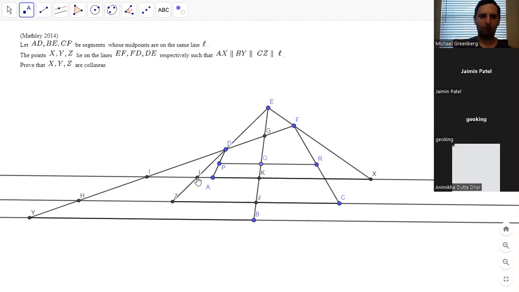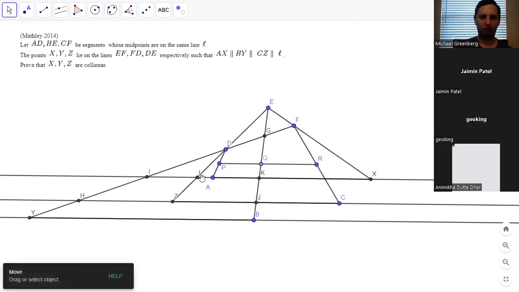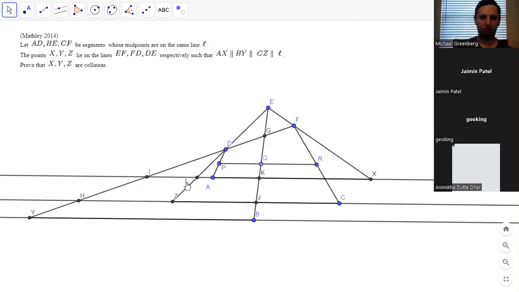So yeah, I think I might be able to write a whole bunch of ratios here. Okay, so YH over YI is BJ over BK, and then HZ over IX.